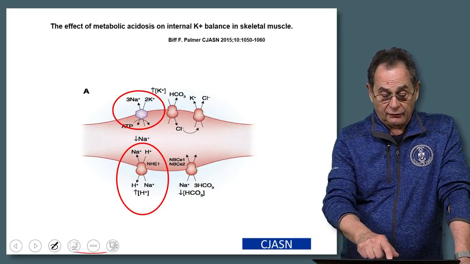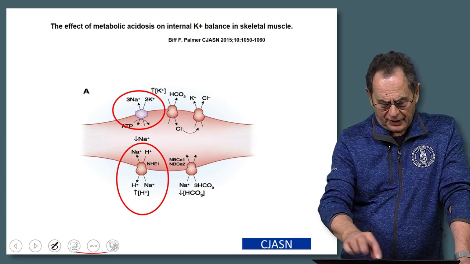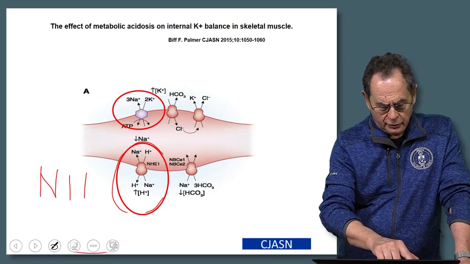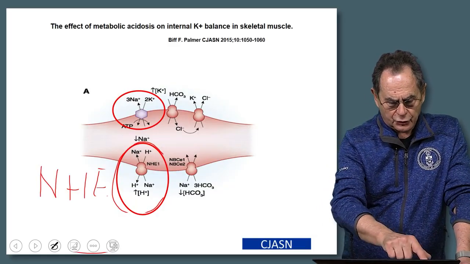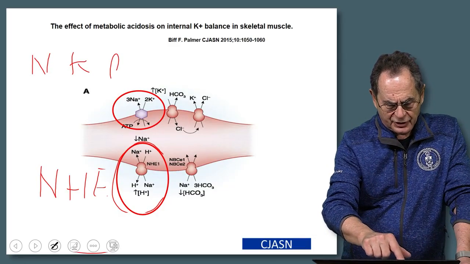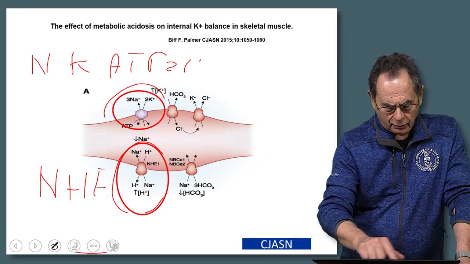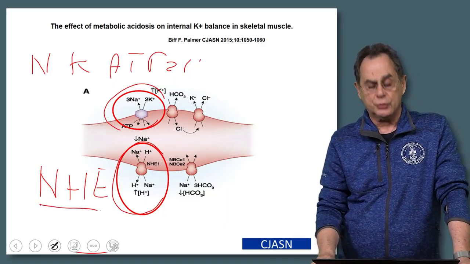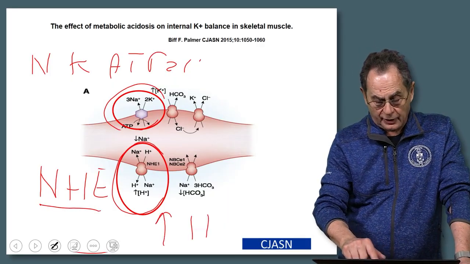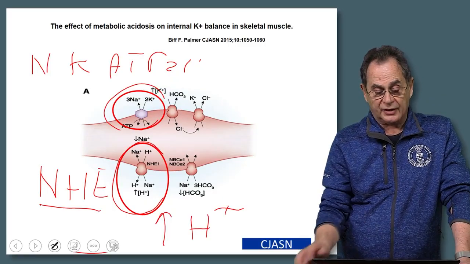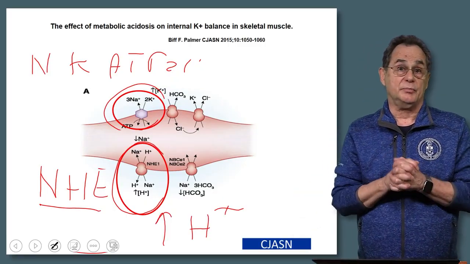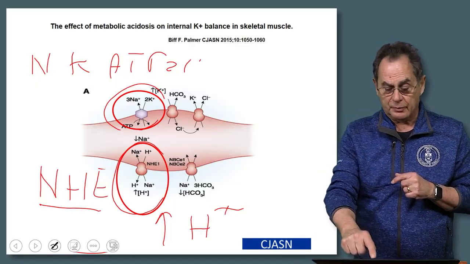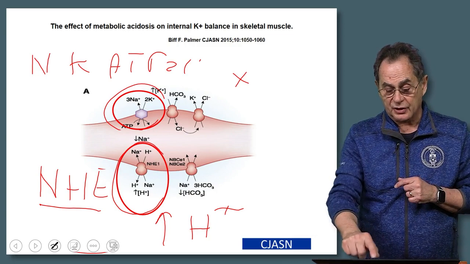The effect is shown in this cartoon, and I don't want you to pay attention to the other transporters, but really focus on the sodium hydrogen exchanger and on the sodium potassium ATPase here. Reduced activity of the sodium hydrogen exchanger by virtue of a high hydrogen ion concentration will reduce the activity of sodium potassium ATPase and tend to subtly shift the equilibrium between potassium in the cell and potassium outside of the cell.